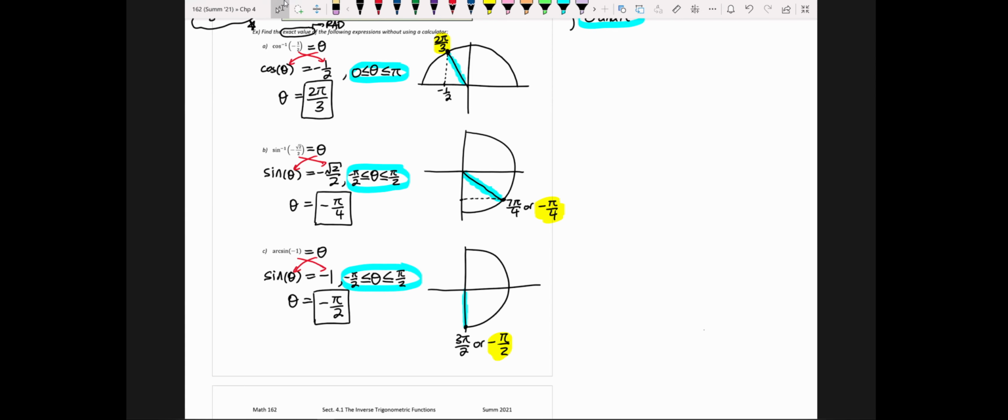So right now, in your scientific calculator, you should see a little R. In your graphing calculator, if you go under mode, you should see RAD highlighted. If you want to check that your calculator is in radian mode, put in, let's say, sine of pi over 2. The answer should be 1. Okay, so you can test that.